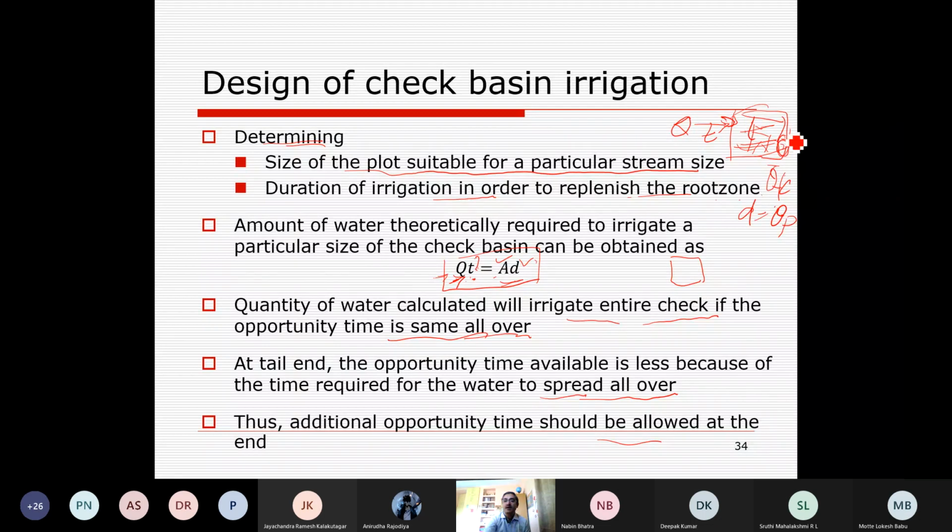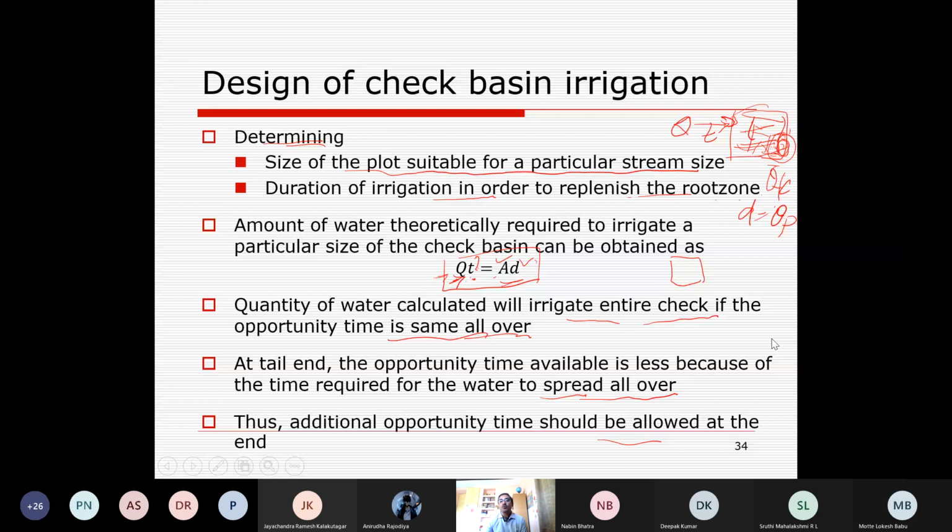There must be some more time so that this particular point where water has reached last gets almost the same amount of time as opportunity time, right? This is the simple idea of designing border and basin irrigation.